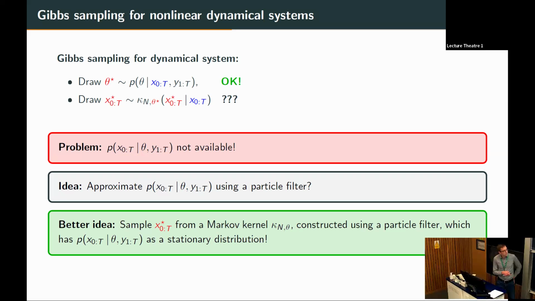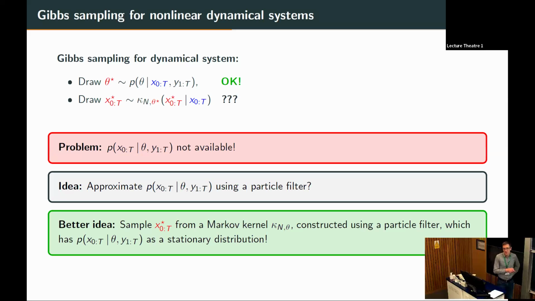N is just to show that this will be constructed using a particle filter, so it depends on the number of particles in that particle filter. So we have this kappa, and it depends on the number of particles, but also on the parameter theta. And this should be constructed in such a way that it has this conditional distribution as a stationary distribution.